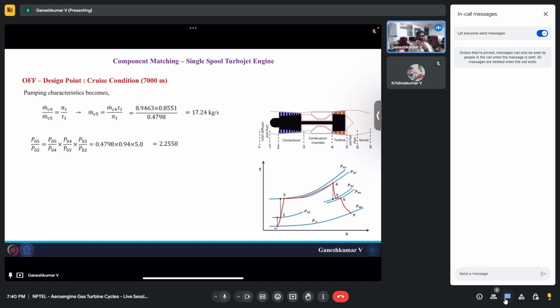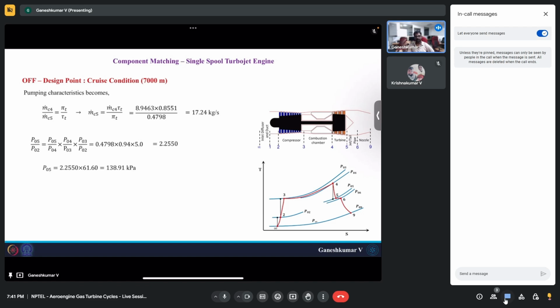So from the inlet of the compressor to the exit of the turbine, you have a pressure ratio of around 2.25. In the compressor you have a pressure ratio increase, and in the turbine you have a reduction in pressure ratio. So overall there is an increase in pressure across the compressor, combustion chamber and the turbine, which is around 2.250. So that is something you can note.